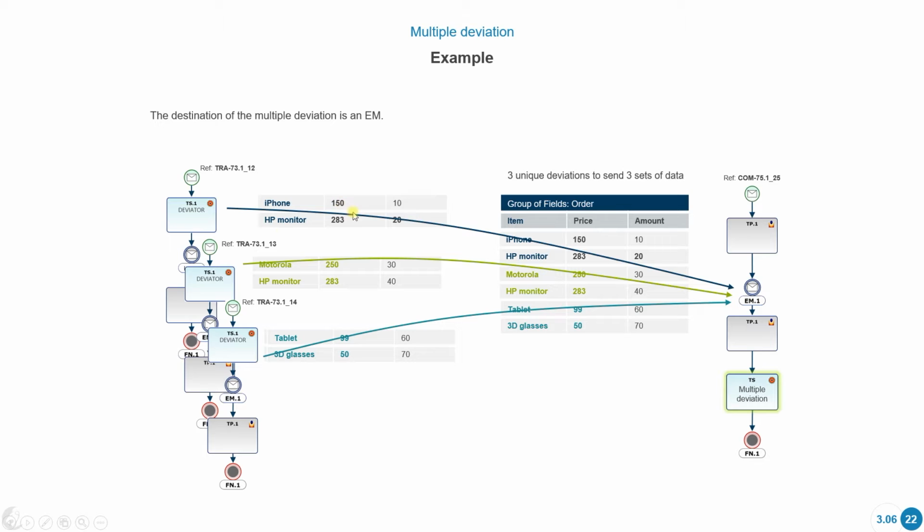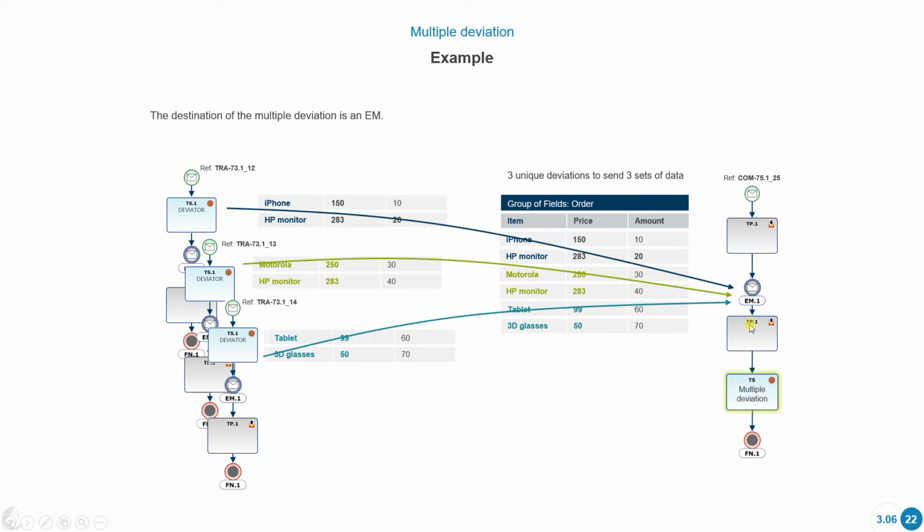And when we deviate lines from one process to another one, so from this source process to this destination process, each line stores internally, even though we can't see it, the reference of the process from which it came.